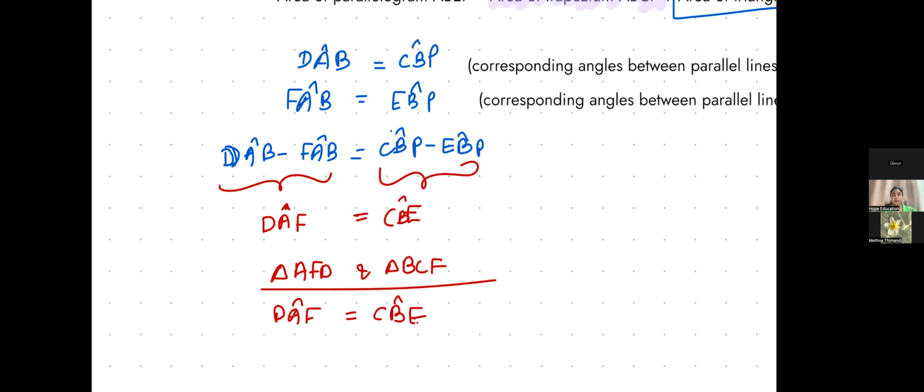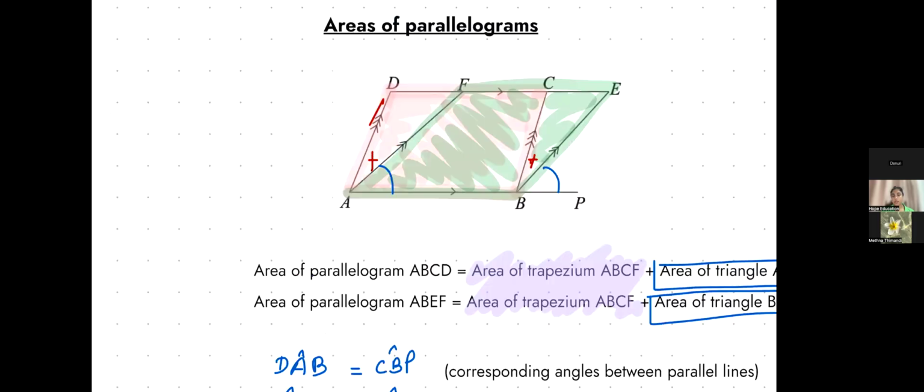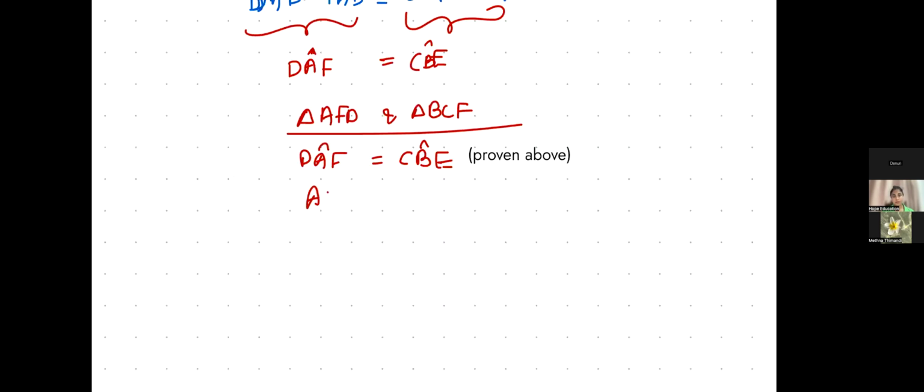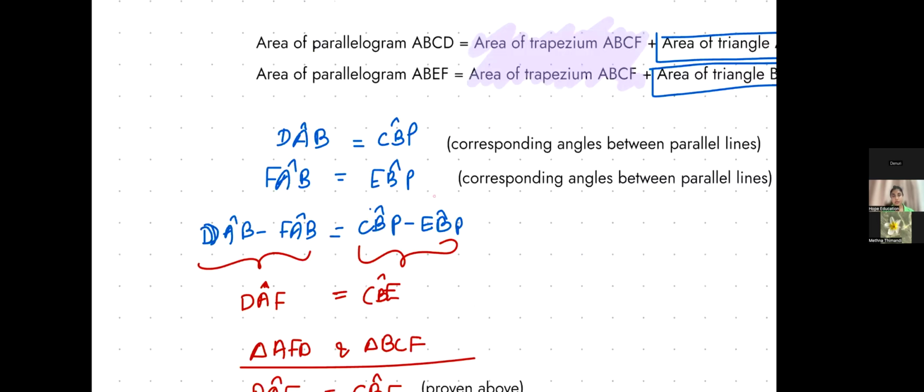CBE within brackets I'll write proven above. And අනිත් එක නම් හරිය ලේසියිනේ මෙයයි equal. මොකද ඒ දෙන්න opposite sides of a parallelogram. So SAS වලින් congruent වෙනවා. AD equals BC and AF equals BE.